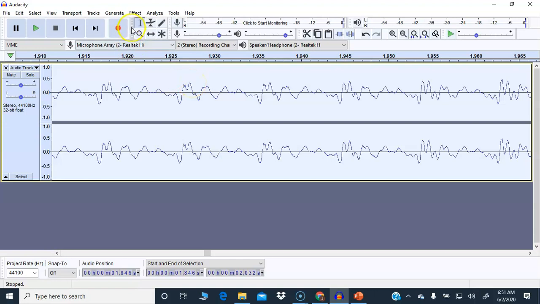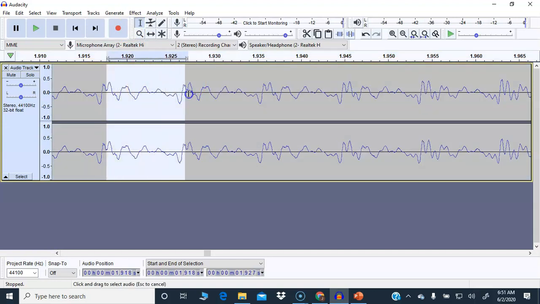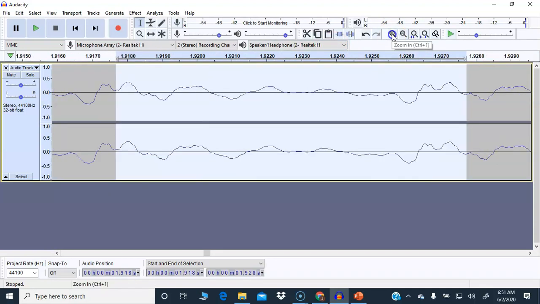So what I'm going to do is cover that over, just that area, and zoom in on it. So notice it stays in the middle of the screen. Now those high points don't look so high anymore, but we can still see where they are. So I'm going to record how much time. If you look up here where the little finger is pointing, I'm going to try to guess how much time that is right above that first highest point.